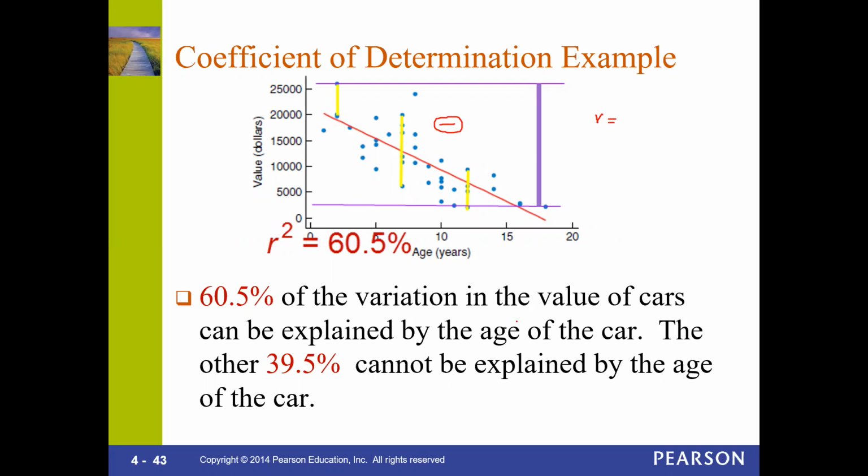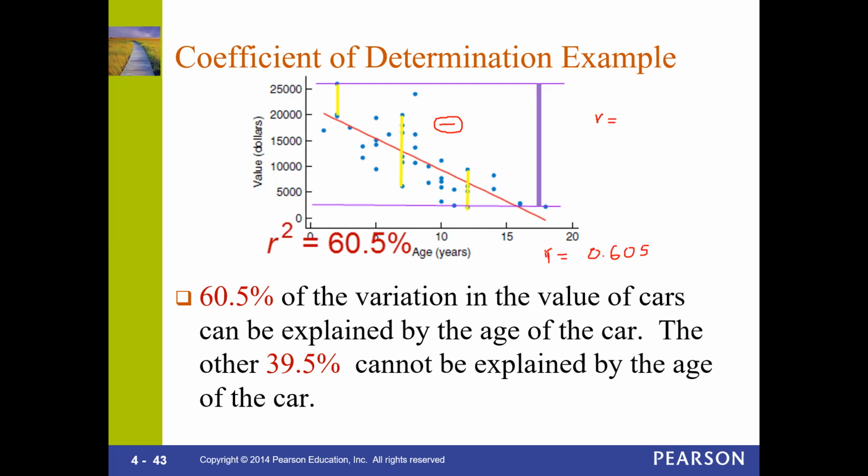Assuming that R, if I do the square root of 60.5, how much will it give me? Because to go the other way I want the square root. So R squared can also be expressed as 0.605. Can somebody give me the square root of 0.605?